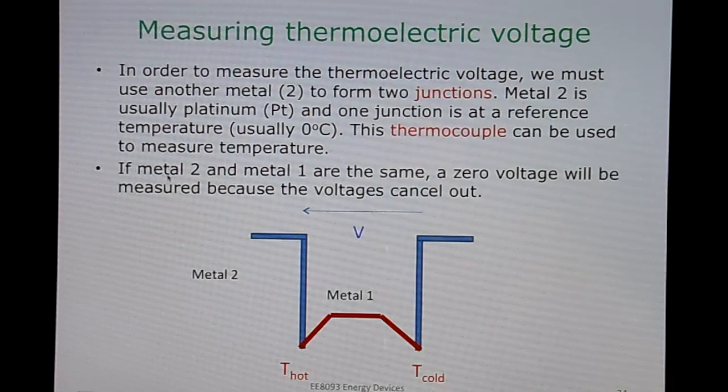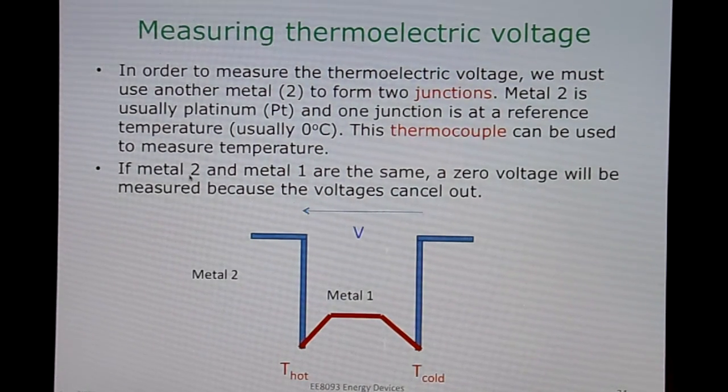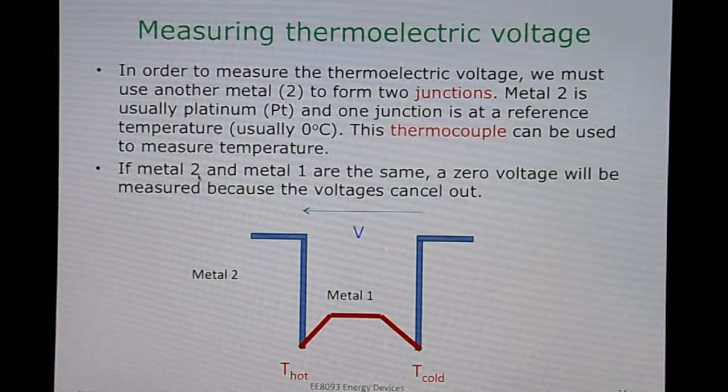Now, why do we need to use a different metal to measure the thermoelectric voltage? It's because if metal 2 and metal 1 are in fact the same, then you cannot measure any voltage. You will find that a 0 voltage will be measured.